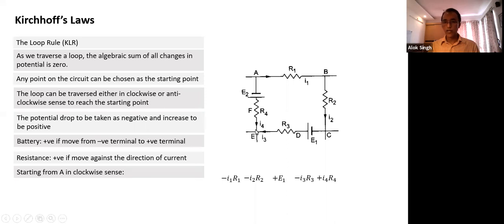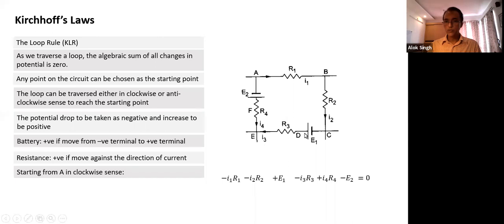On the fourth side, the direction of current is downwards and we are traversing upward, so when we cross the resistance the sign is positive: plus I4 R4. Then we cross the battery from positive to negative, hence the negative sign, and we equate the sum to zero. That is how I apply Kirchhoff's loop rule.